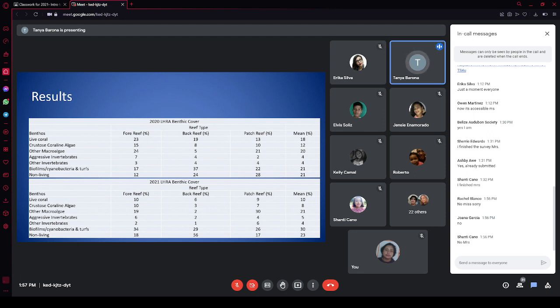But things we can do with the data, we can divide it into the different habitat types, which is the fore reef, which is beyond the reef crest, which is deeper than the back reef. This is immediately behind the reef crest, and then there is the patch reef. So this is what you will find in the lagoon area enclosed within the atoll.